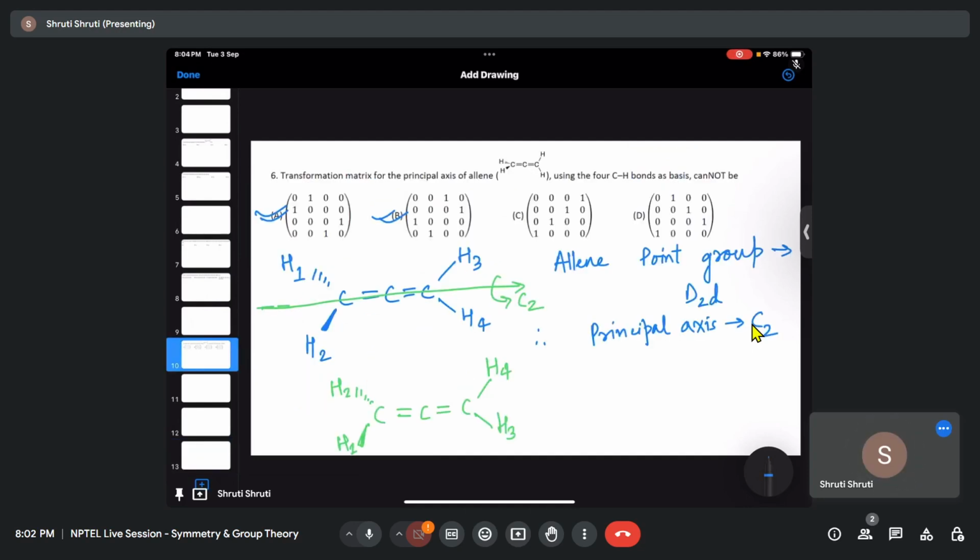This option is given in C. So this is also possible.